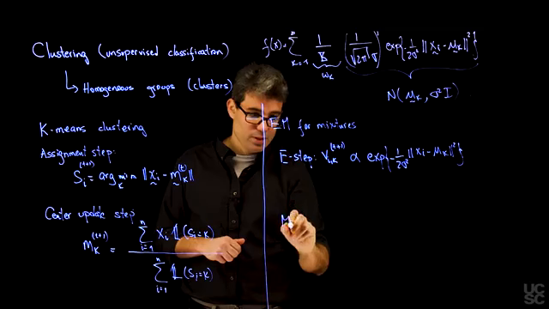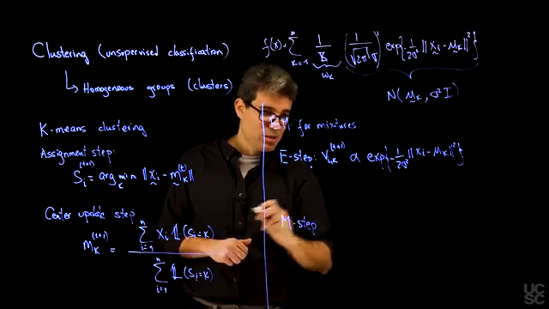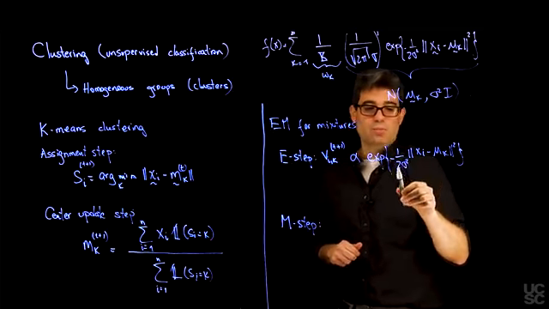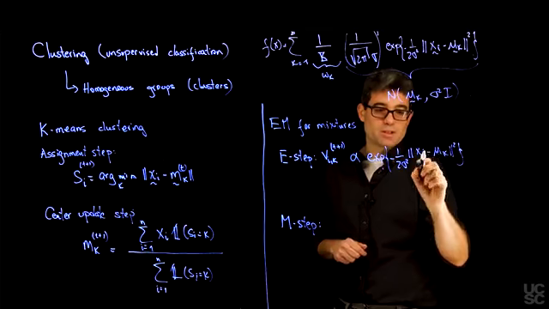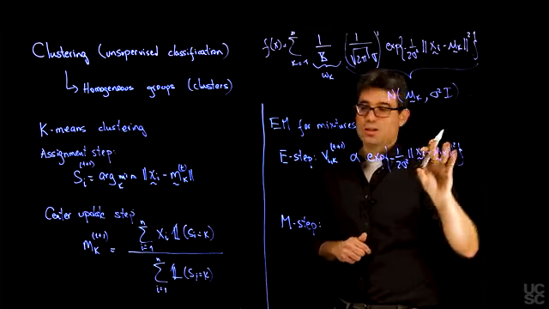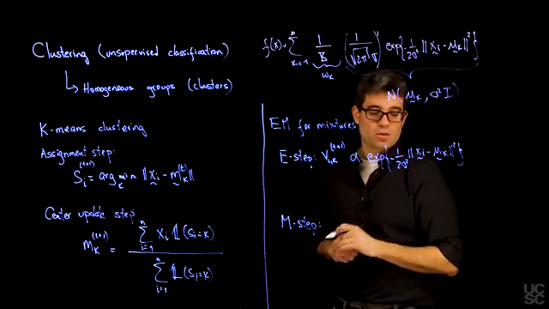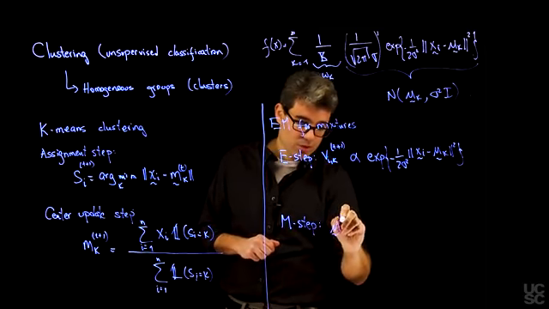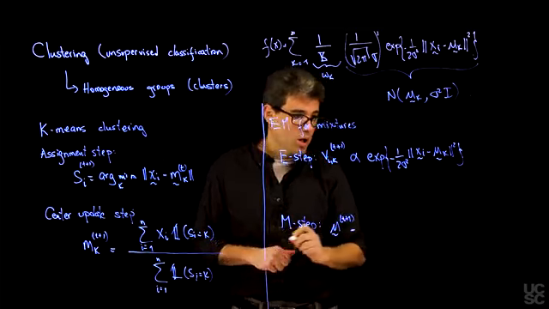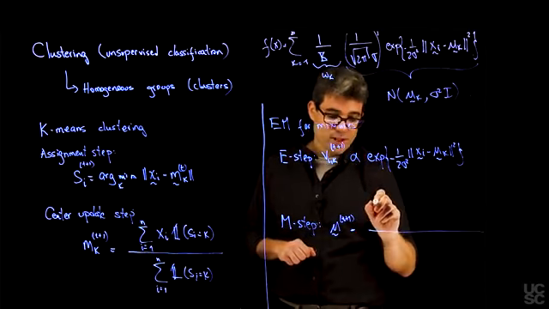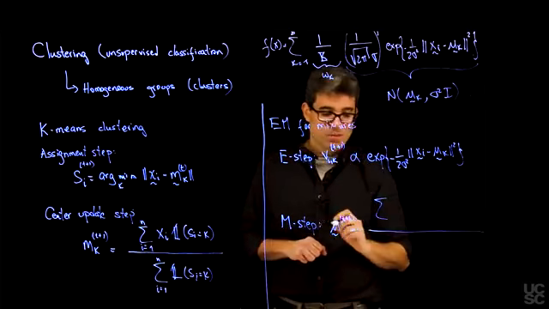The other step is the M step. And in the M step, you have two pieces. You have one piece that has to do with updating sigma, and one piece that has to do with updating mu. But let me write explicitly only the one that has to do with mu. And if you think about how you do the update of mu to the next iteration, this was something very similar to this. It was a weighted average with that weighted average being given by the v_ik's.